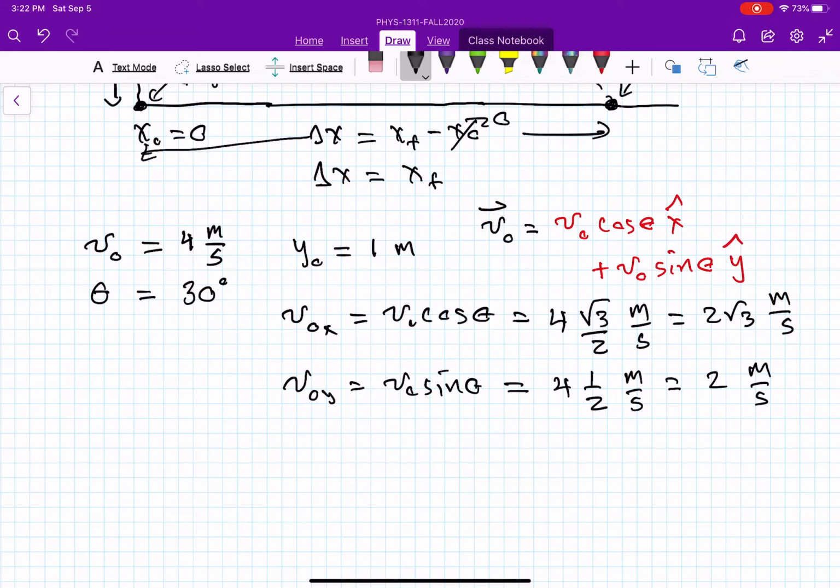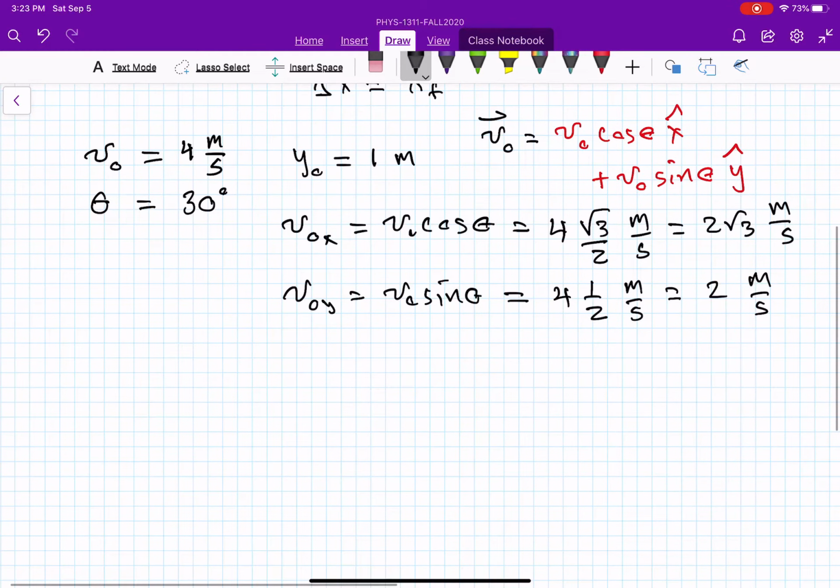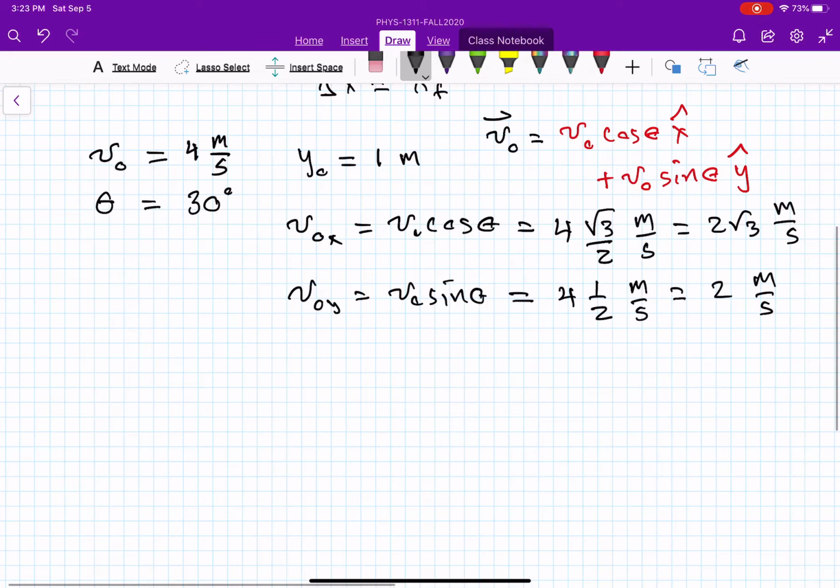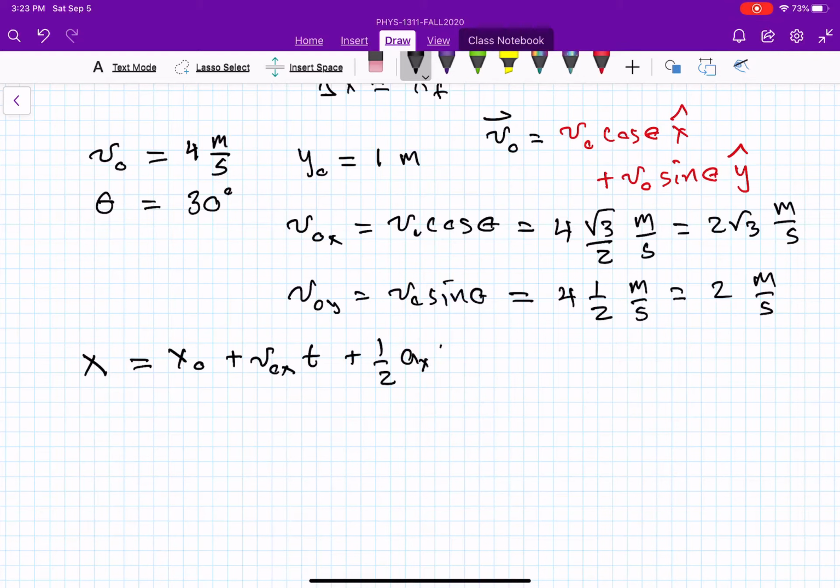Now let's write down the other kinematic equations. Let's go ahead and write them all down, and then we'll see which ones are useful and which ones are not. So let's start with the x equation. x is equal to x0 plus v0x times t plus 1/2 a sub x times t squared. Now, because this is a projectile motion problem near the surface of the Earth, a sub x is 0. So this is 0. I have no acceleration in the horizontal direction. I know y is equal to y0 plus v0y times t.